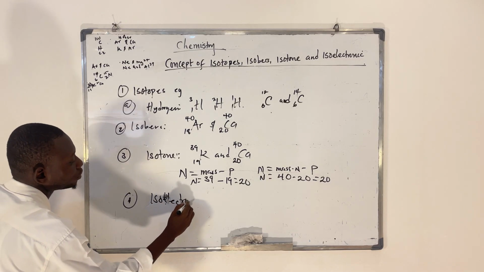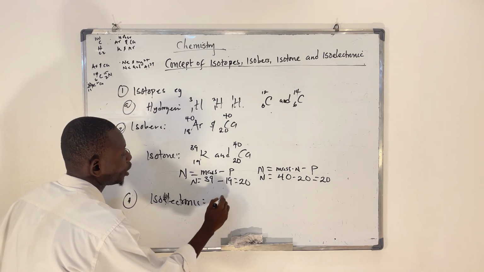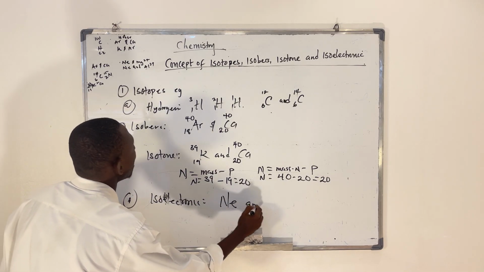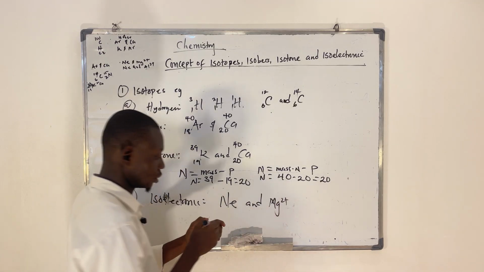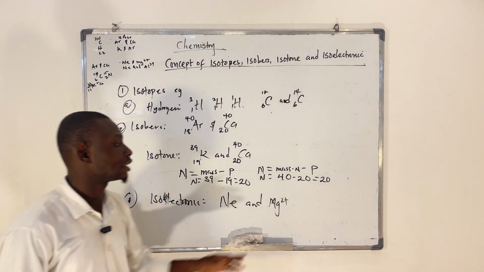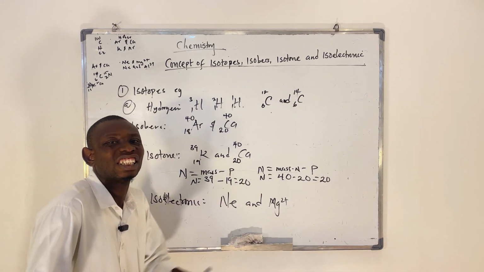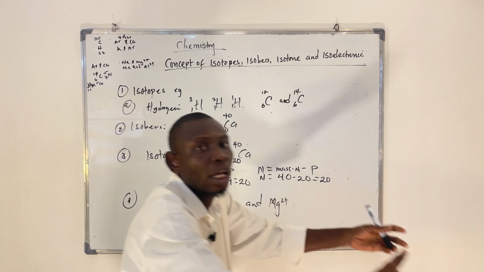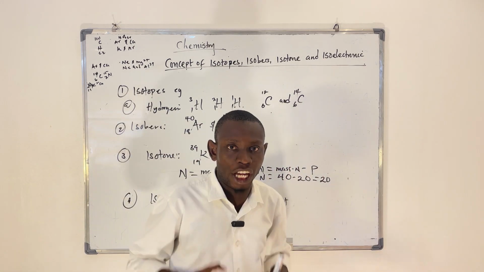Then let's look at examples of elements that exhibit isoelectronic. An example is neon and magnesium ion. The magnesium ion has a positive charge of 2+. It simply means there is a loss of electrons. When an element loses electrons, it becomes positively charged.